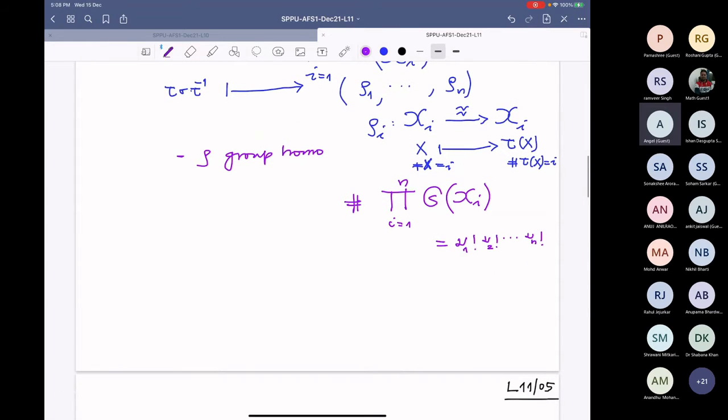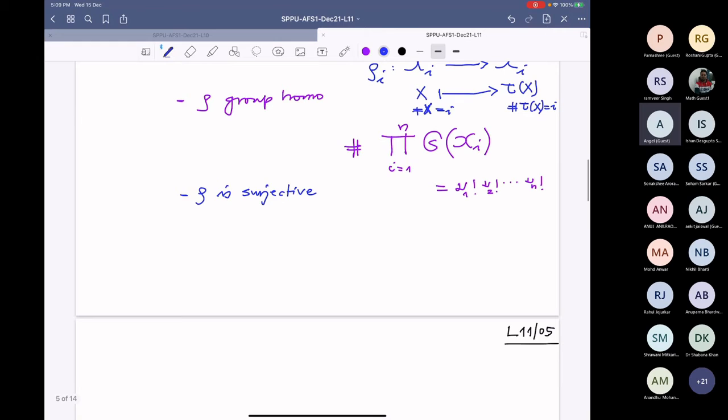So another thing to note is that rho is surjective, because these orbits correspond to the cycles, and therefore I can recover whatever the map is, the conjugating tau. Check formally that it is surjective. That's not difficult again.